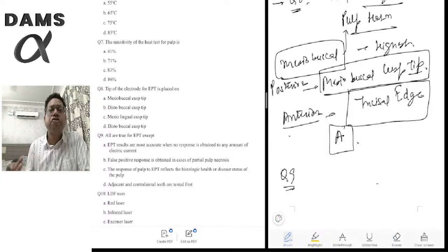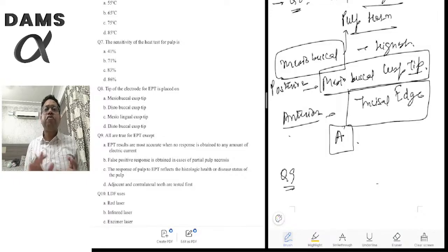If we talk about the options one by one, option 1, it is most accurate when no response is obtained to any amount of electric current, is correct because we are doing a subjective test. The patient's response is recorded, so we keep on increasing the current. Suppose the patient gives a response at current levels 2, 3 and 4.